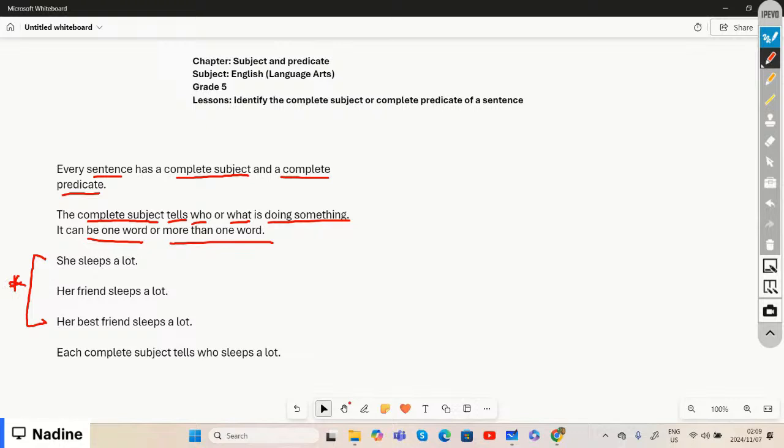If we look at a few examples of selecting the complete subject or the complete predicate within a sentence, then we can say it says, she sleeps a lot. If we were to identify the subject within that sentence, what would it be? It tells us who or what is doing something within the sentence.